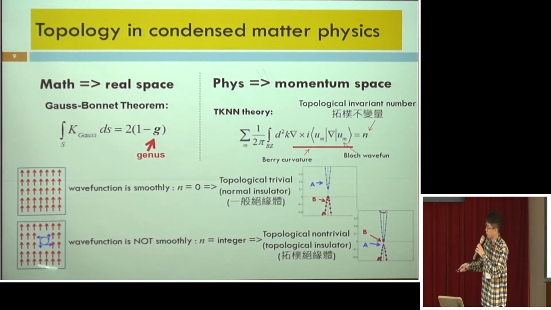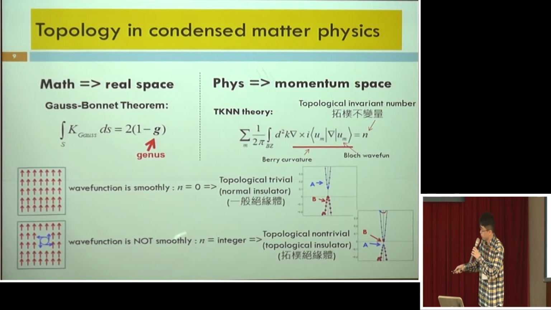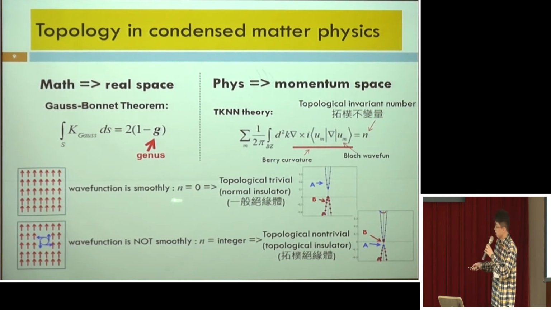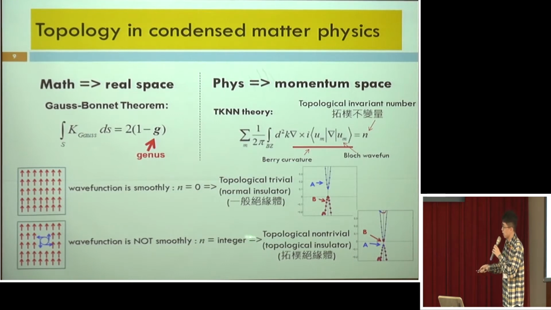If there is a hole in the wave function, which can provide non-zero Berry curvature, this integral gives us integer values. If n equals 0, it is a topologically trivial phase. Non-zero n is a topologically non-trivial phase, for example, topological insulators.